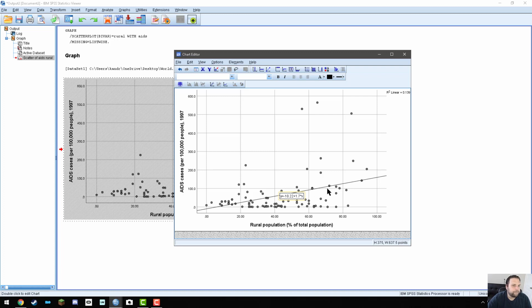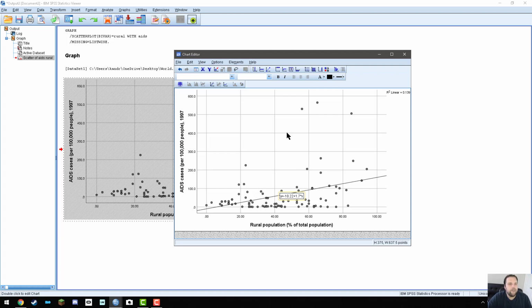Let's say 10% of the population is rural. It would be negative 10.22 plus 1.7 times 10. So let's see, that would be 6.78, and that would be your predicted overall rate of AIDS infection.